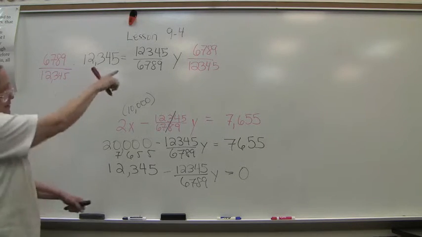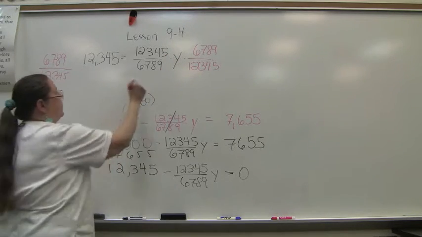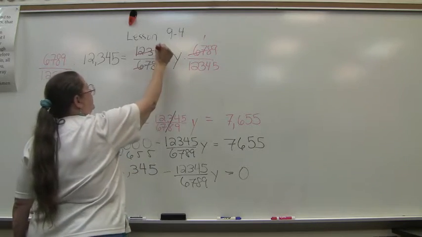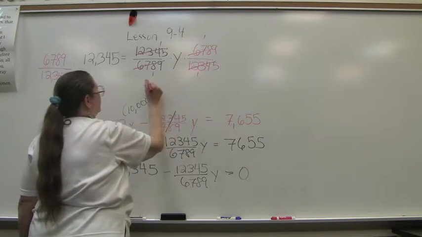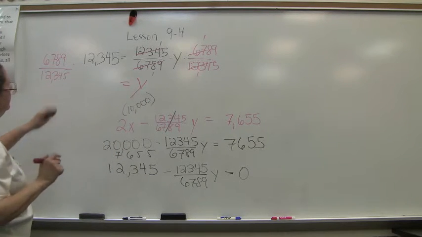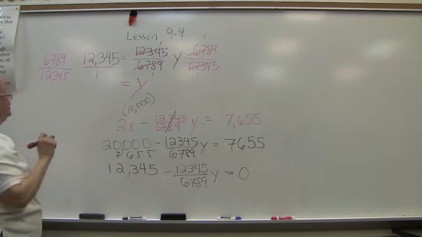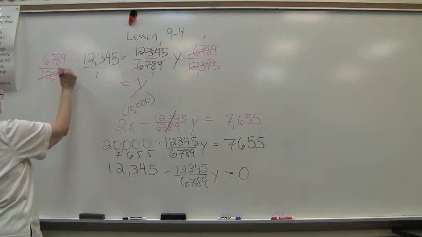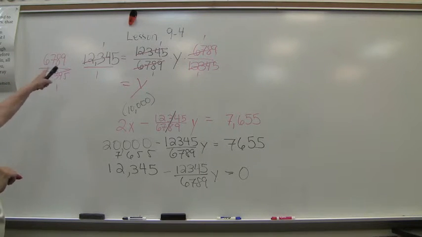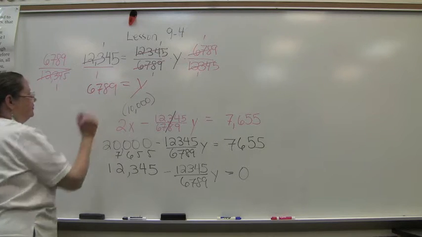Now, on that side, when I multiply by the reciprocal, remember, because it's all multiply there, that goes into that once, and these cancel, and I get just my y there. Ooh, almost there. And over here, let's make this guy a fraction by putting him over 1, and then I can cancel. That goes into that once each, and I'm left with just 6,789 is what y is.